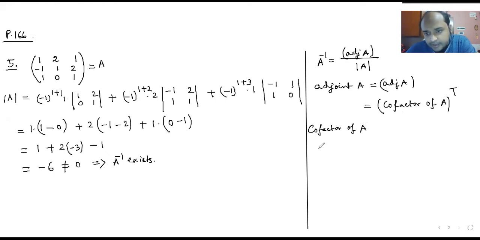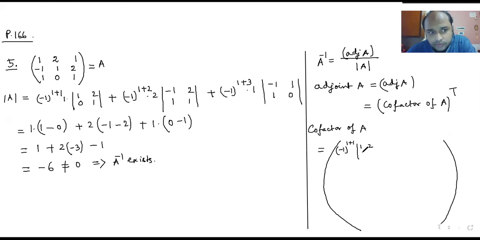Now, the cofactor of A can be written as follows. The first element is (-1) to the power 1+1 times the minor 1, 2, 0, 1.